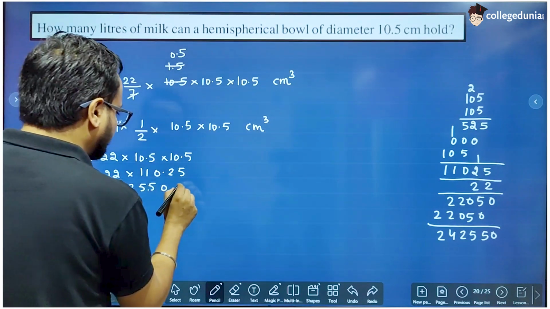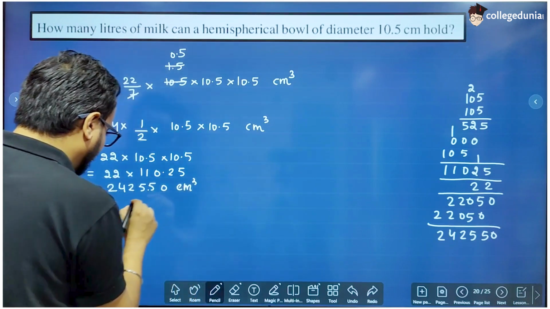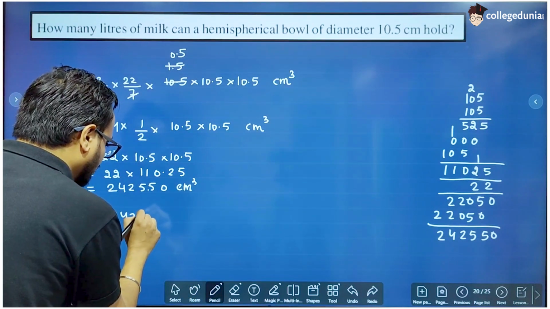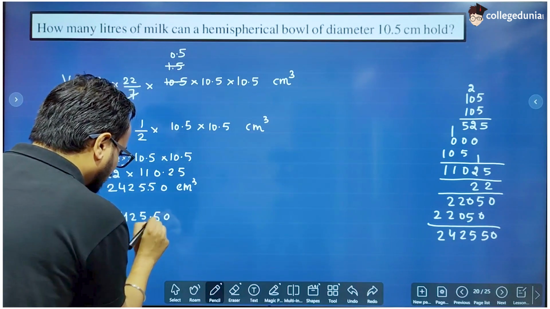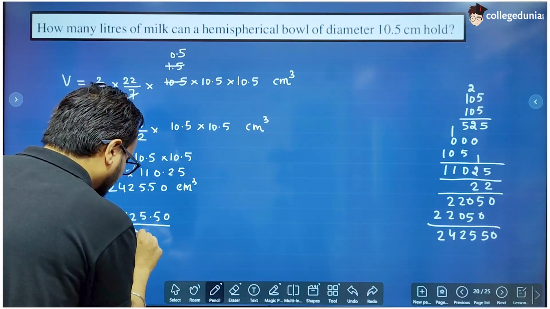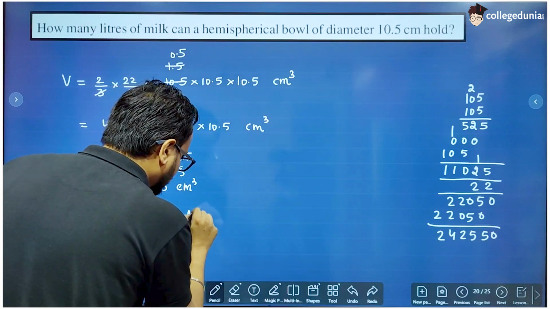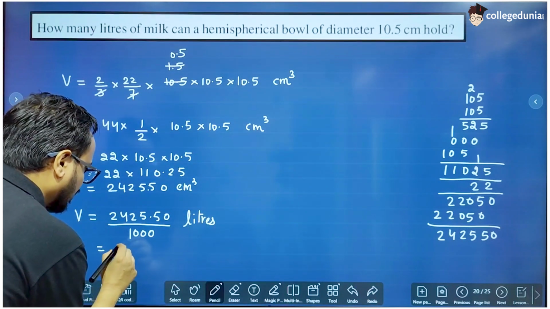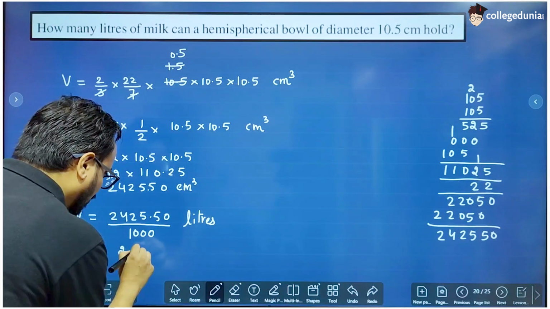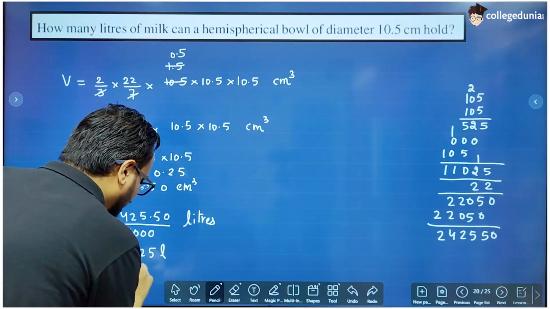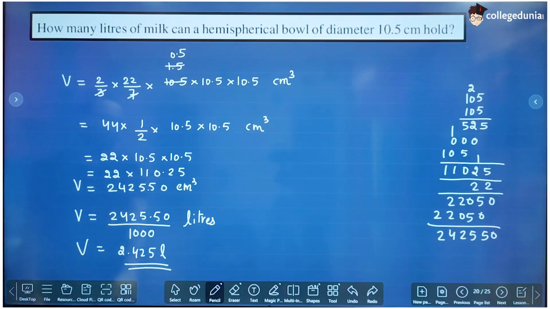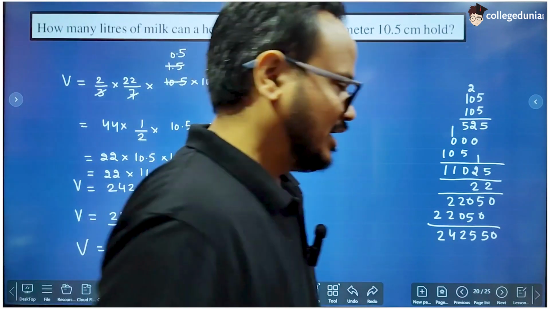This is the volume in centimeter cube. Now divide this by 1000 to get the volume in liters. So the volume is 24.255 liters.